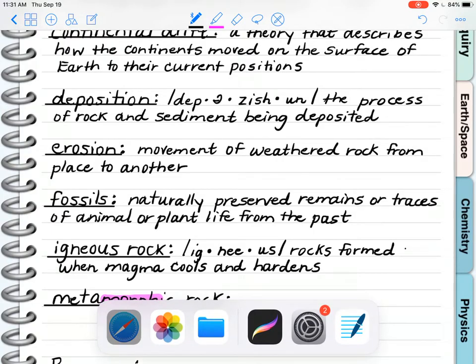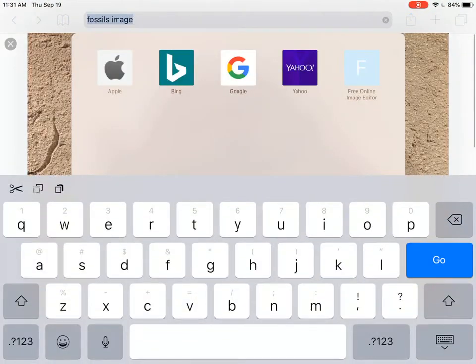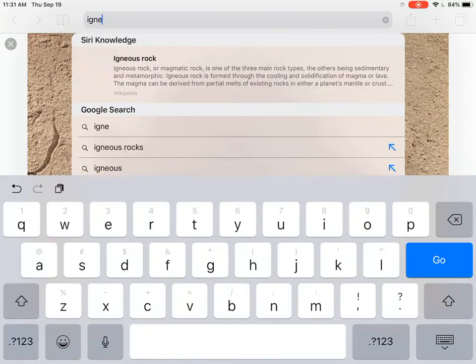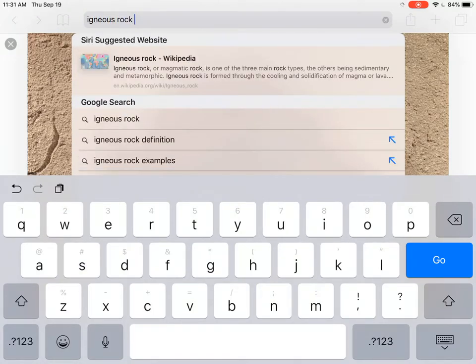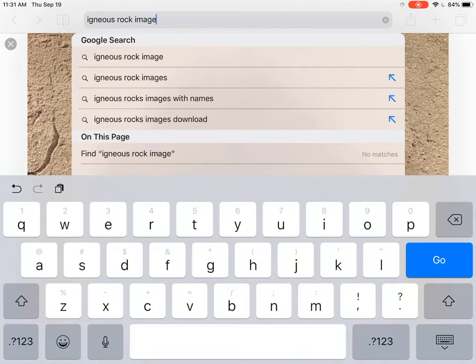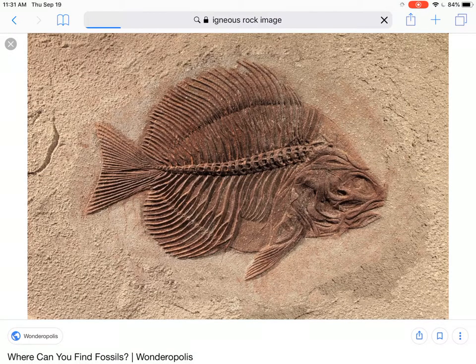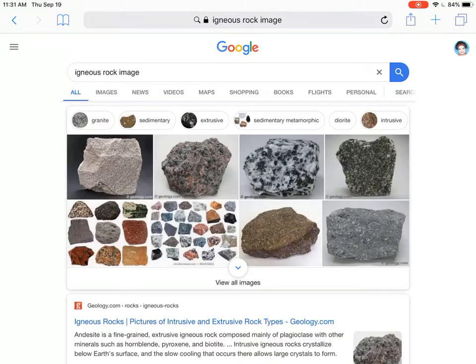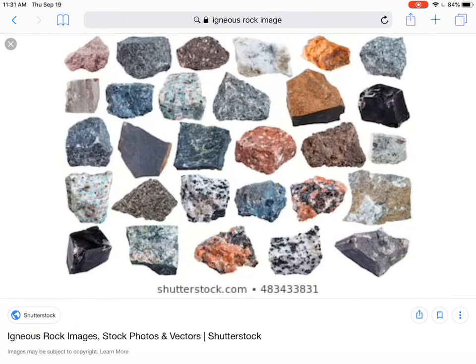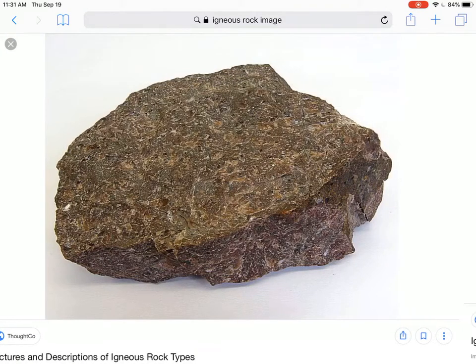And let's see if we can find a picture of igneous. All I'm doing is typing in the term and the word image, and that will give us pictures of igneous rock. You can see that it has lots of different colors and forms.